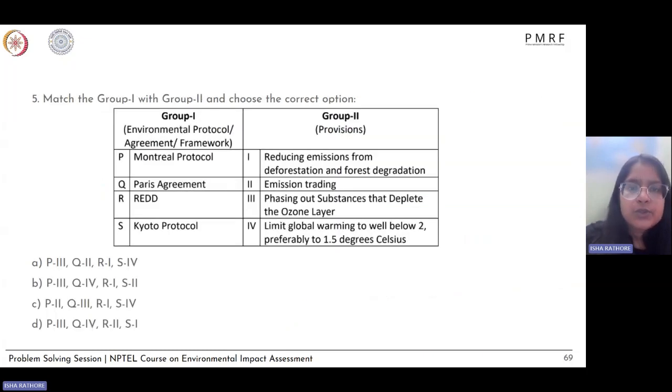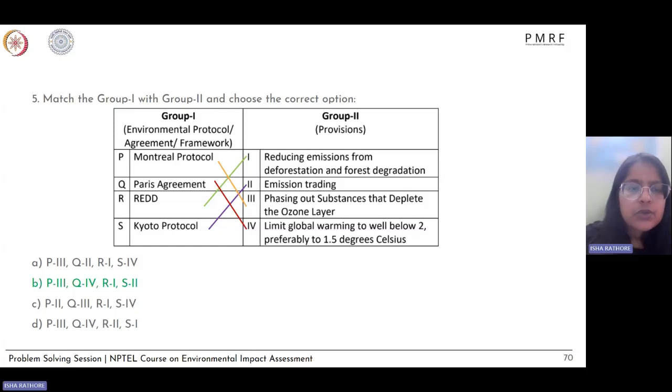Moving on to the next question. Match group 1 with group 2 and choose the correct option. So in group 1, we have environmental protocol, agreement or framework, and in group 2, we have their provisions or what is their aim. So the correct answer is B. So the Montreal Protocol is for phasing out of substances that deplete the ozone layer. So P matches with 3. Then the Paris Agreement is to limit global warming to well below 2 degrees, preferably to 1.5 degrees Celsius.